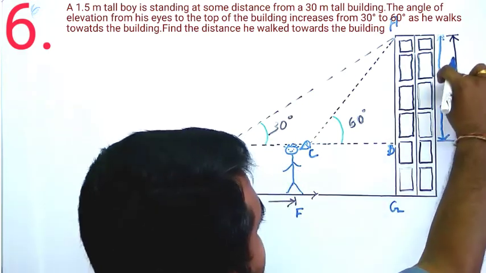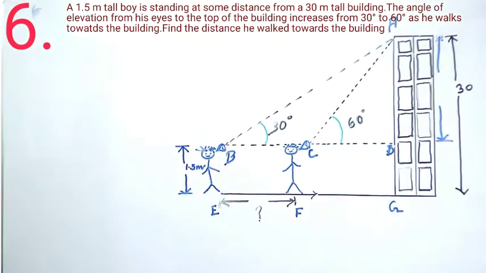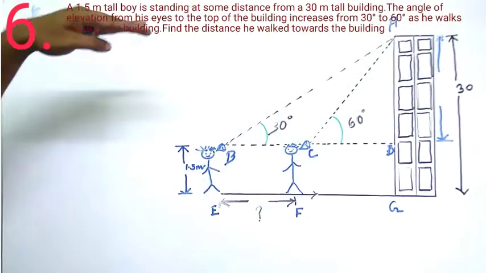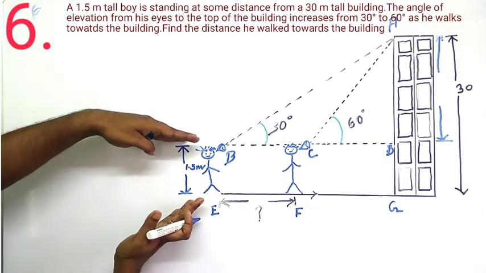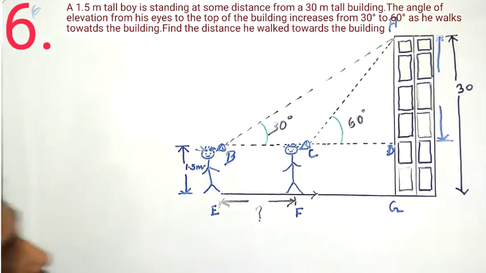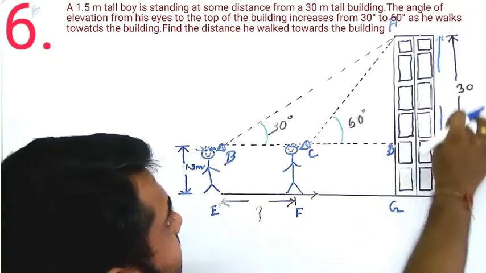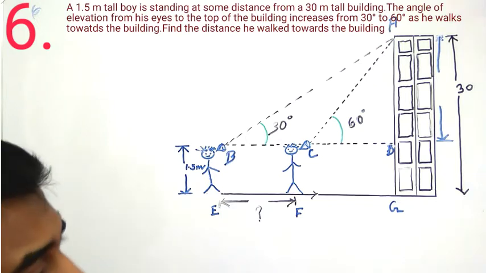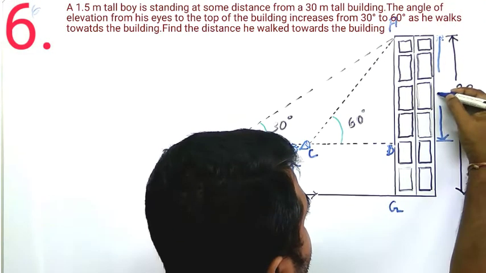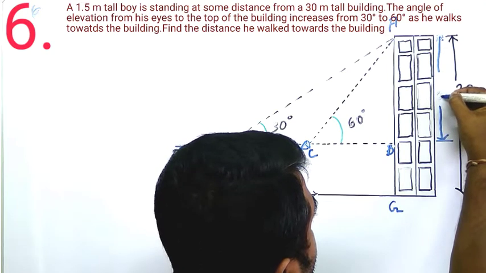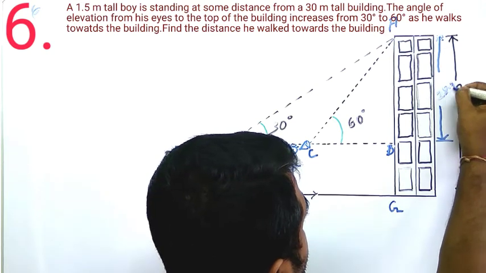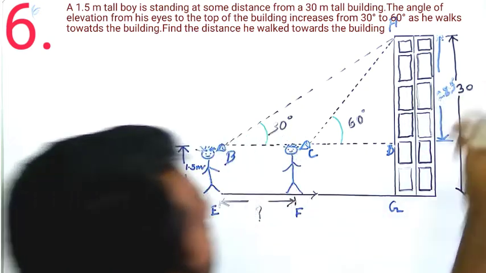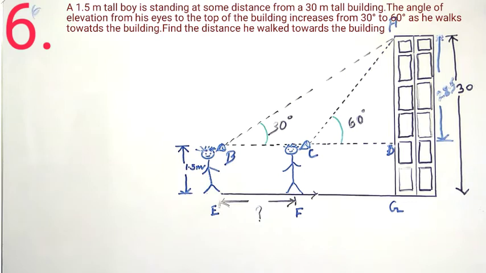Only this height am I going to measure here. If the total height is 30, and the boy's height is 1.5, then the height of this part will be 30 minus 1.5, that is 28.5.